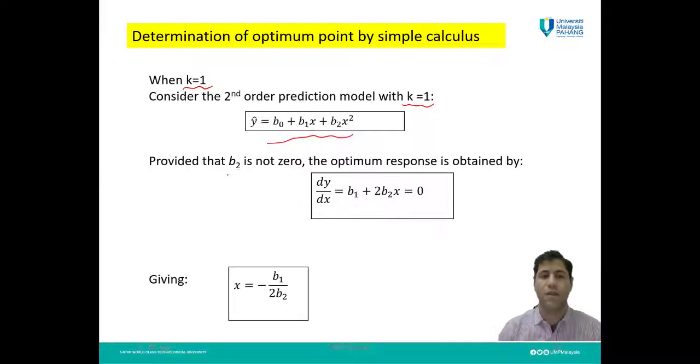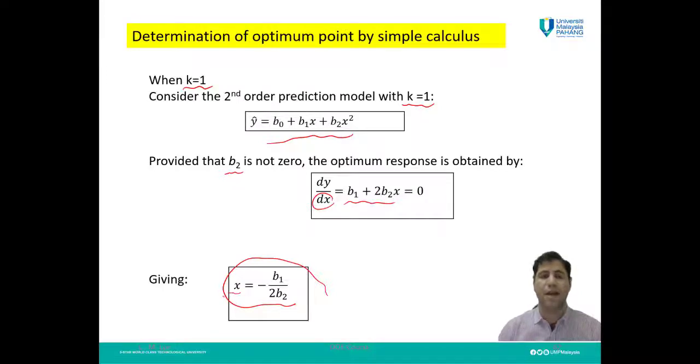So if b2 is not zero, the optimum response can be found by finding the derivative of this equation in terms of x. Then we need to put it equal to 0 and calculate the x of this equation.